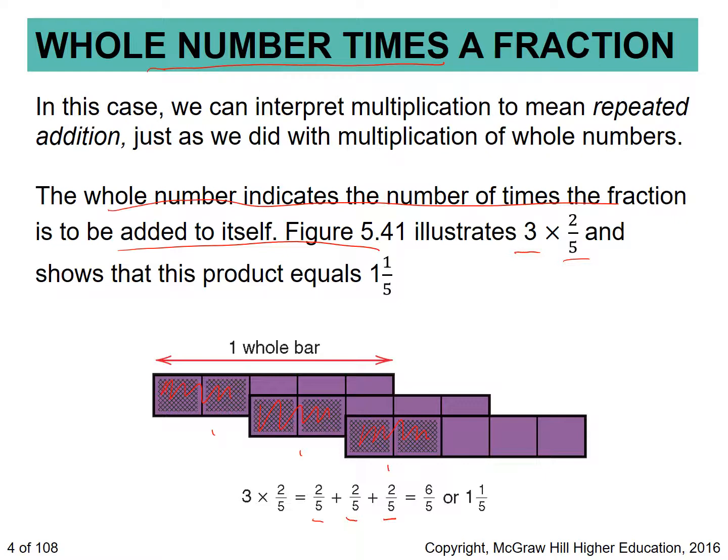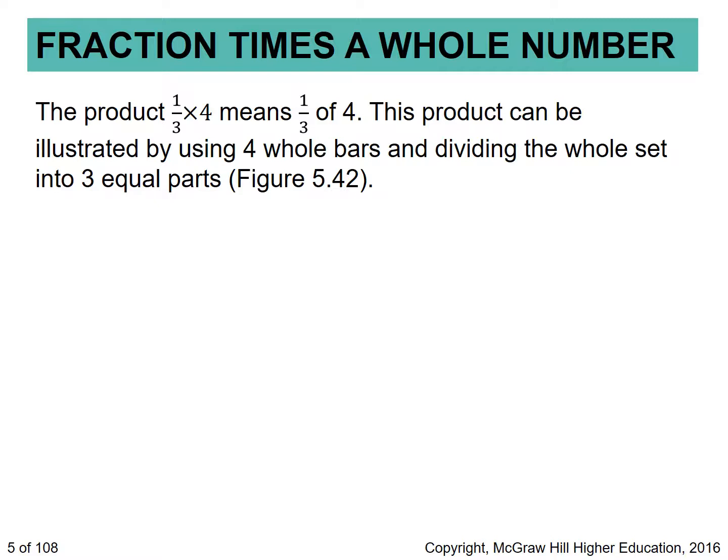I can also see that because here I have a whole bar that's been filled up with all these pieces, and then I have a 5th left over. So we can also see that this is equivalent to the mixed number 1 1/5. So, an illustration of a fraction times a whole number.